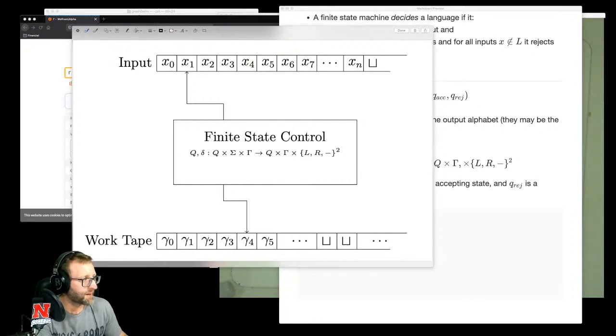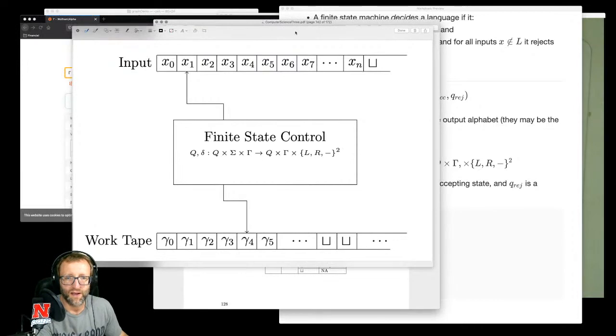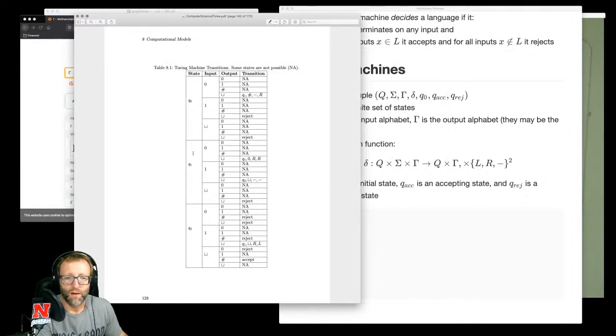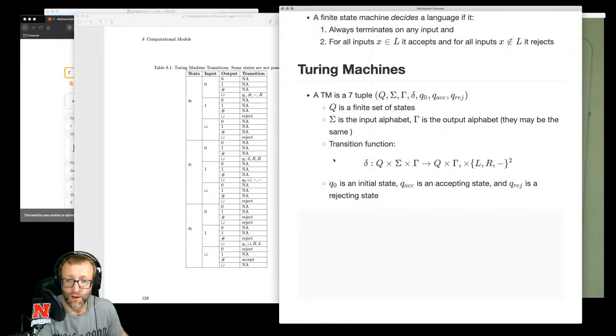For example, here's an extended example in the book. A 3-state Turing machine with possible inputs and possible outputs, with only 3 states by itself, actually 5 states with the accept and reject states here. Then I had to write this entire table here to define the transition function, the delta function, right?